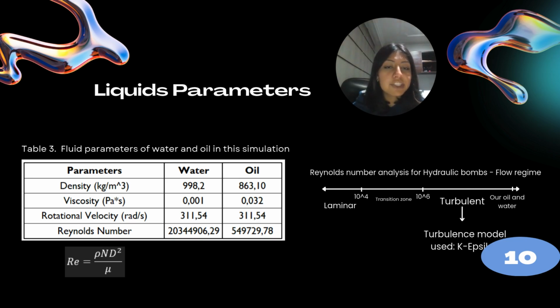For this, we use the k-epsilon model, because it is ideal for highly turbulent flows, such as those in simulations with Reynolds numbers higher than 10 to the power of 5. It offers a good balance between accuracy and numerical stability, correctly capturing the evolution of turbulence in regions far from the walls.